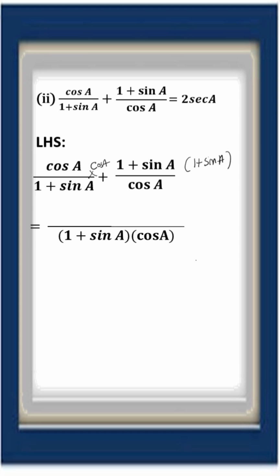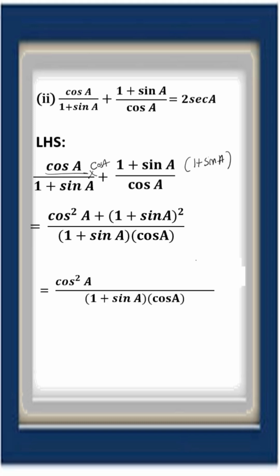So in this we have cos A into cos A, that is cos square A, plus 1 plus sin A the whole square. Now expand 1 plus sin A the whole square by using the identity a plus b the whole square.